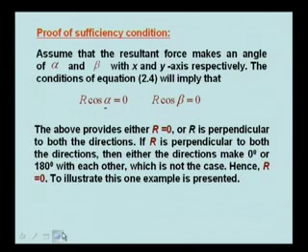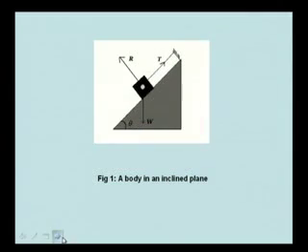To illustrate this point, I present one example. Let us consider a body on an inclined plane. This body is kept here and it is acting on the inclined plane with reaction R. The string tension is T and this is R here.